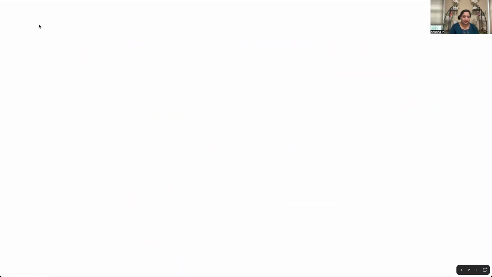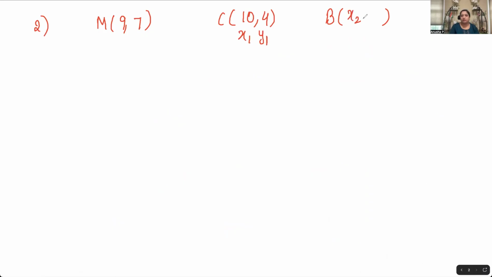Coming to the second example, they gave you the midpoint as 9 comma 7, and point C as 10 comma 4, and they want you to find B. For the point C, whatever they gave you, label it as x1, y1. B, we don't know, so we will label it as x2, y2.